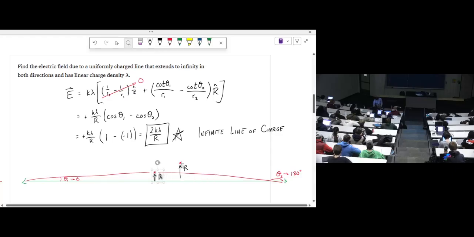As you move further away, your electric field strength is going to drop by a factor of 1 over r. So that's what that equation tells us. Yep. R is the perpendicular distance away from your line of charge, your wire.